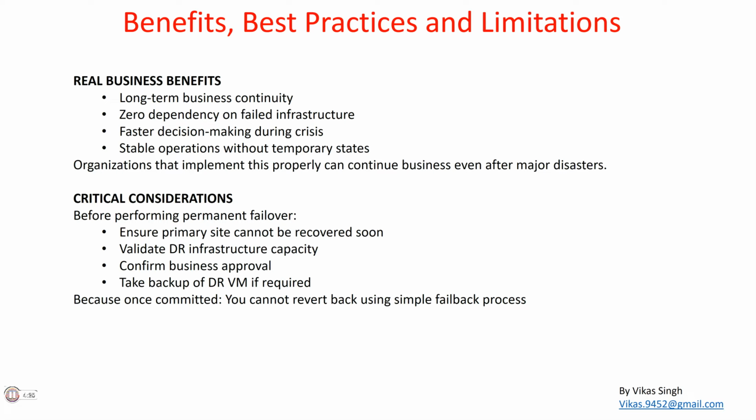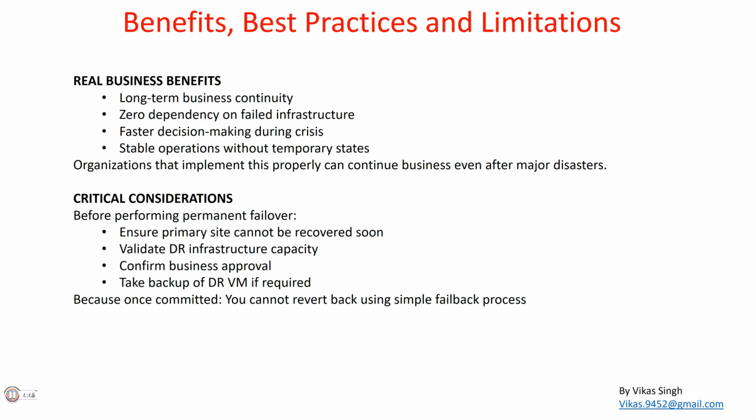Before you perform a permanent failover, you must validate a few things. Ensure your primary site cannot be recovered quickly. Verify the DR infrastructure has enough compute and storage capacity to cater to the primary data center requirement for whatever duration you want to run from the DR as a primary site.